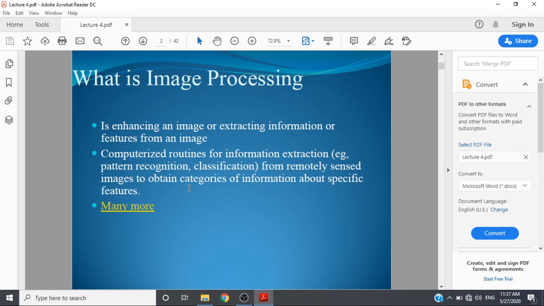Computerized routines for information extraction, for example, pattern recognition and classification from remotely sensed images to obtain categories of information about specific features, and many more.